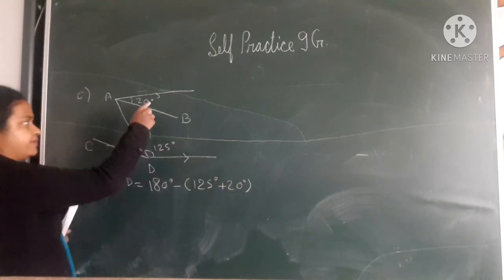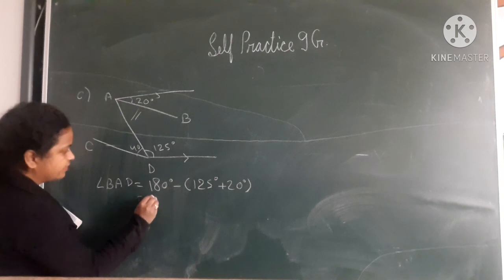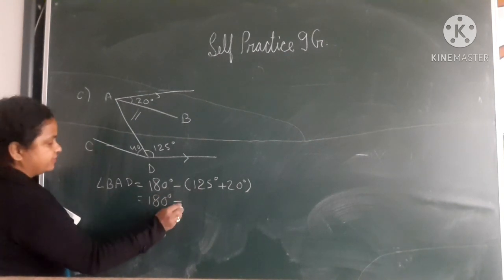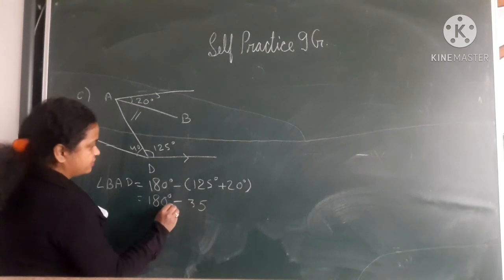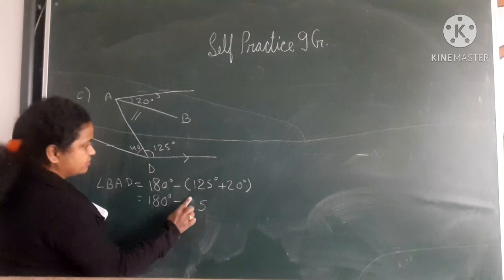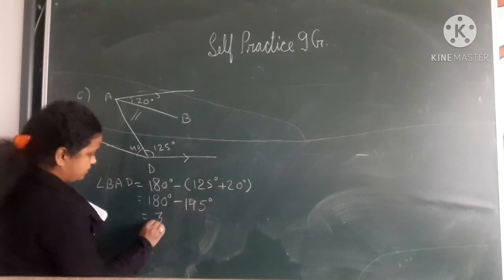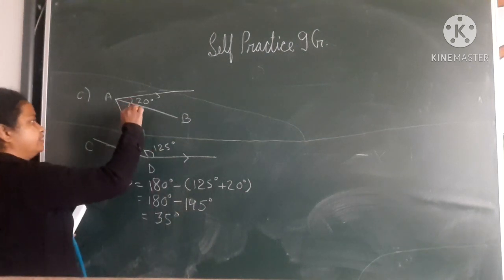Means when you subtract these two, you will get this angle. So 180 degree minus 145 degree, that is equal to 35 degree. Means this angle will be equal to 35 degree.